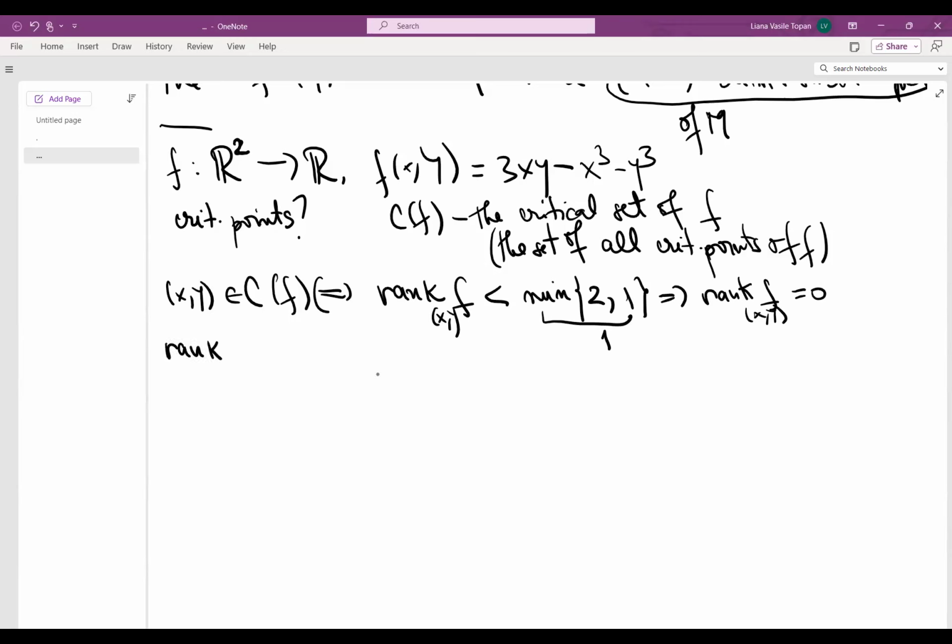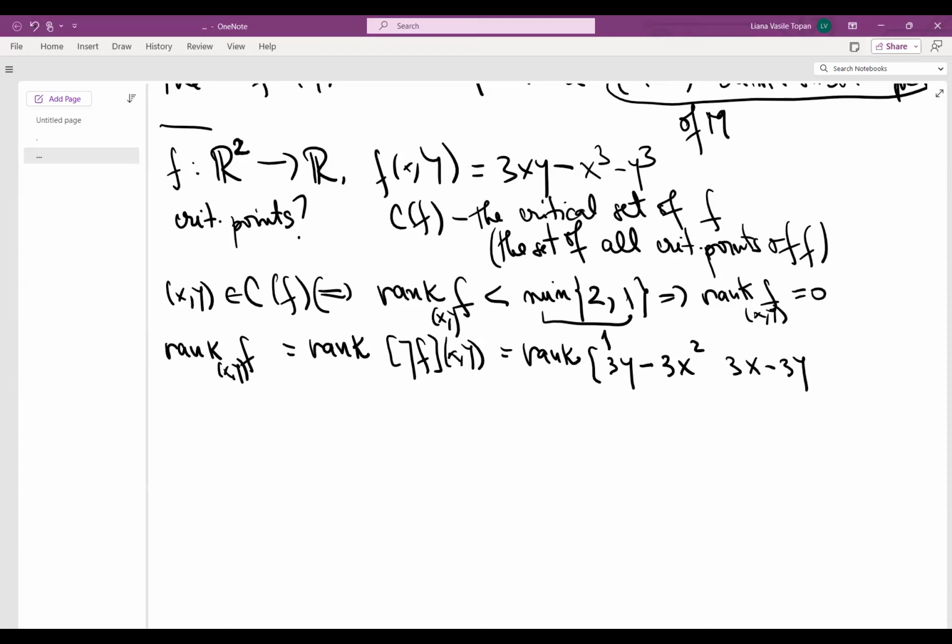The rank of f at some point is the rank of the differential, which is the rank of the Jacobi matrix of f at the point (x, y), which is the rank of the derivative with respect to x, 3y minus 3x squared, and with respect to y, 3x minus 3y squared, correct?